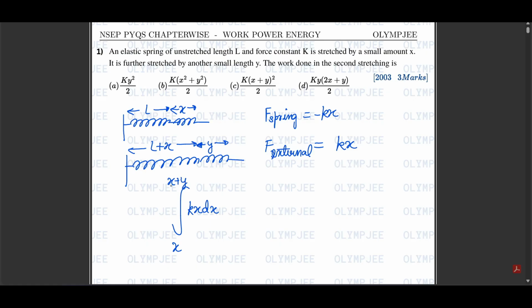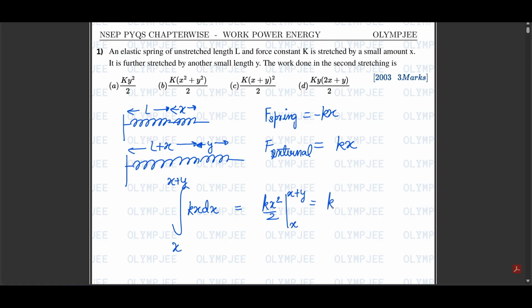Don't take this as y, because the final x coordinate is x plus y, right? If we take L as the origin, this coordinate is x plus y, and x is the coordinate, so this will become kx square by 2 from x to x plus y.